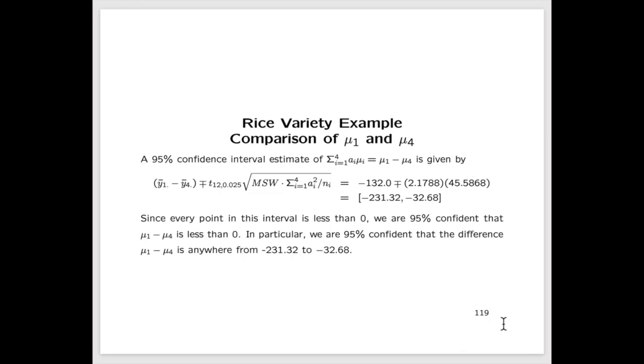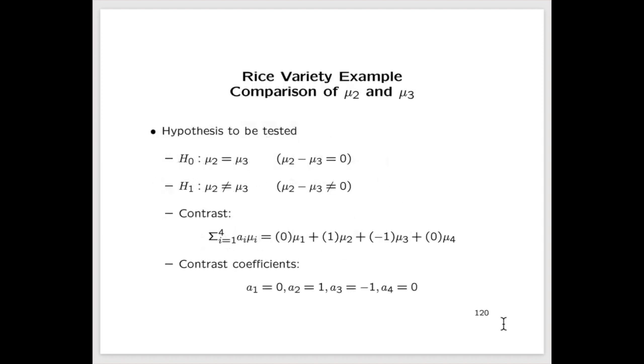In particular, we are 95% confident that the difference between mu1 and mu4 is somewhere between negative 231.32 and negative 32.68. Another way to say that is we are 95% confident that mu4 is anywhere from 32.68 up to 231.32 units greater than mu1. Next, we're going to compare mu2 and mu3.